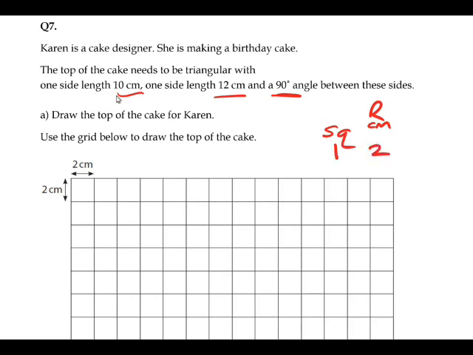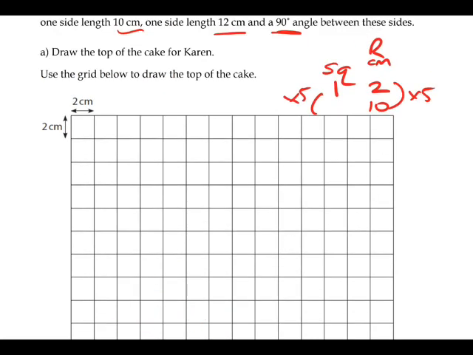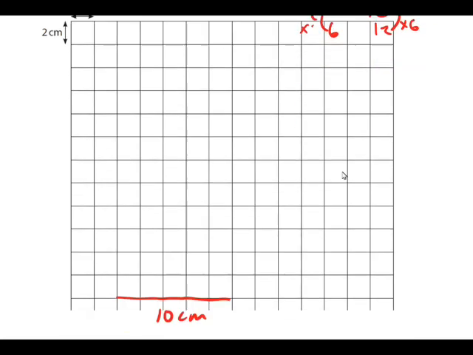So to draw the side of length 10 centimeters, we've divided that by 2, so there are 5 squares. So we'll draw the 5 squares. 1, 2, 3, 4, 5. And that represents our 10 centimeters. Then, using our ratio again, the other side is 12 centimeters, so 12 divided by 2 gives 6 squares.